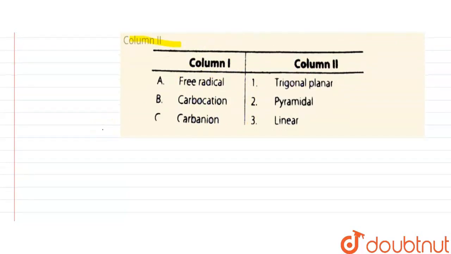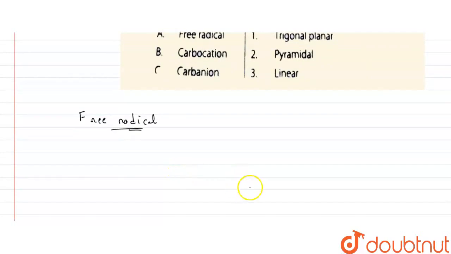So first of all, let me draw its structure. So let me write free radical. Okay, so let's say I have this carbon atom and it is attached with some groups R1, R2, R3, and over here in this p orbital we have the free radical.